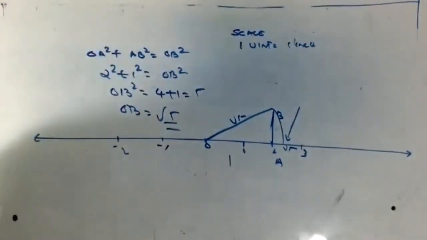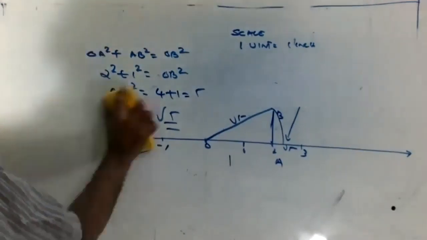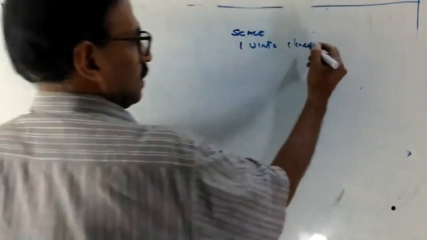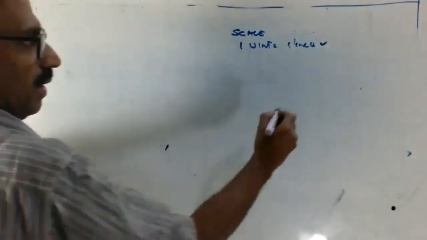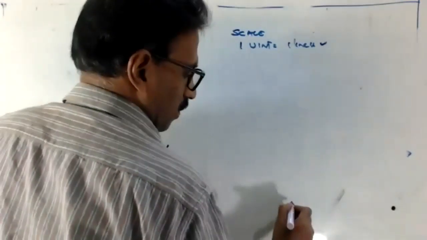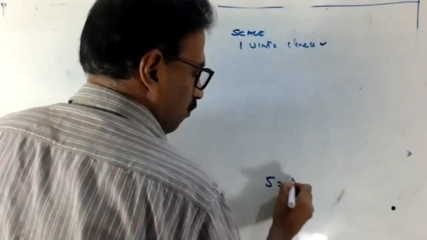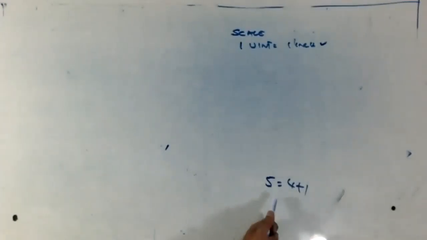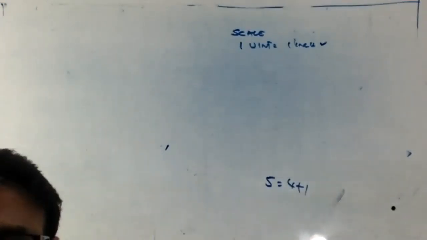Listen here. So scale we fixed. And we know that 5 equal to 4 plus 1. We split it into the sum of 2 perfect squares. That part is 5 equal to 4 plus 1.